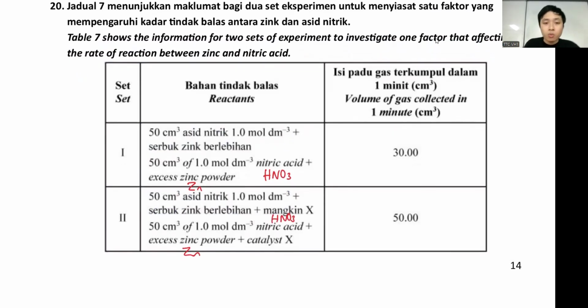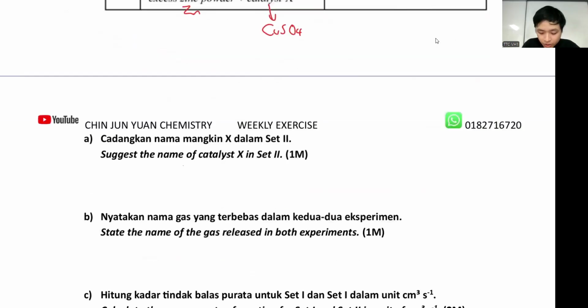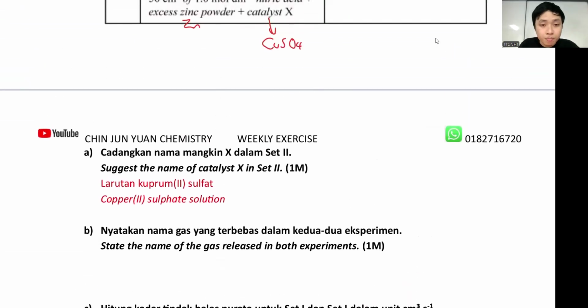Okay, so normally if you see acid react with metal, normally the catalyst used is copper 2 sulfate. So catalyst X, you can suggest copper 2 sulfate solution.